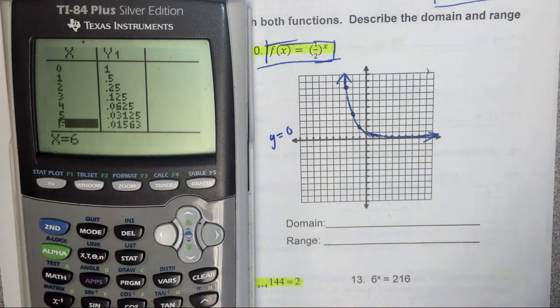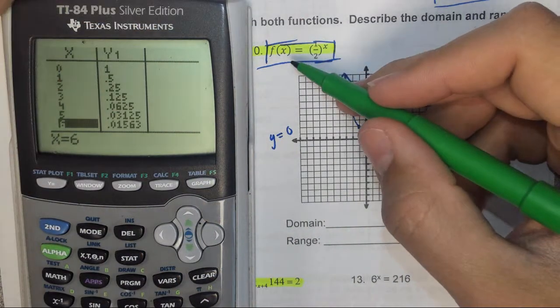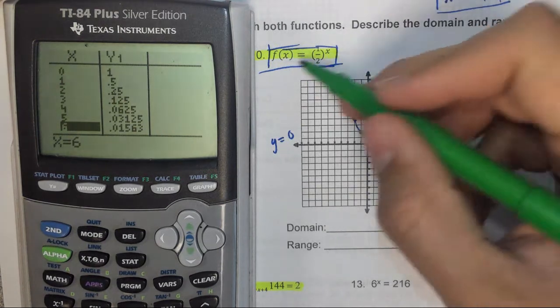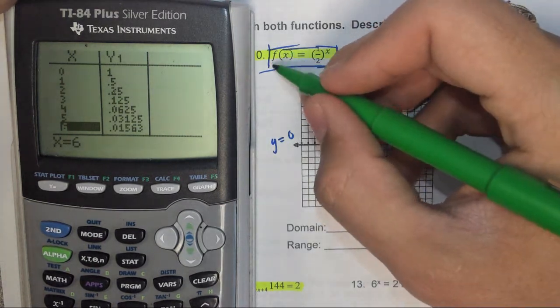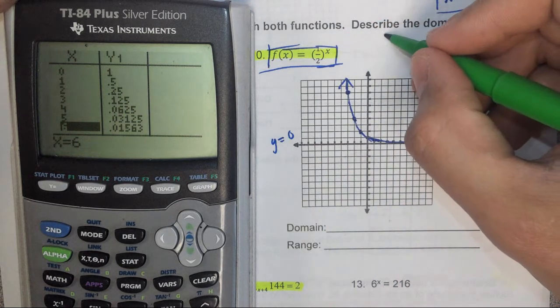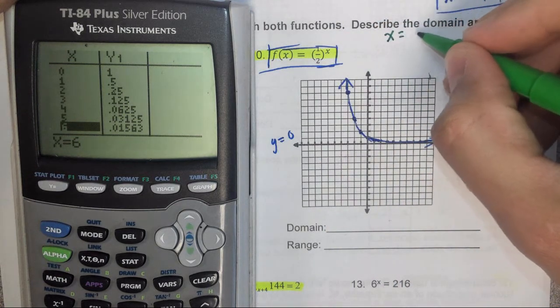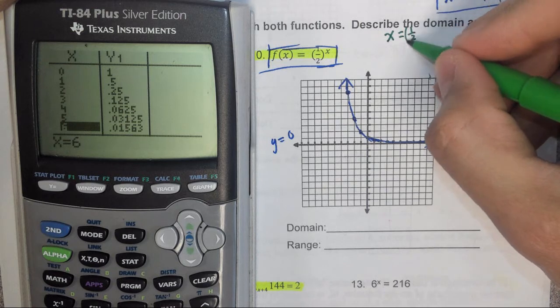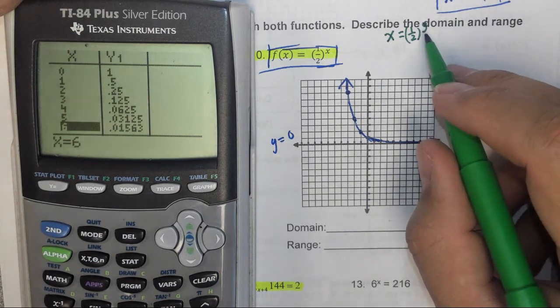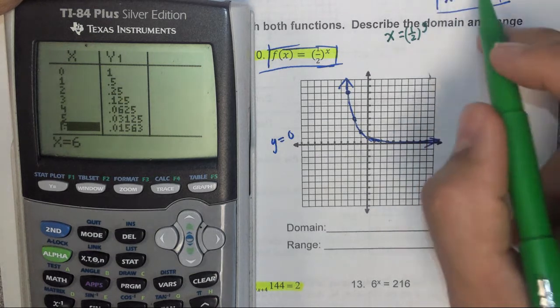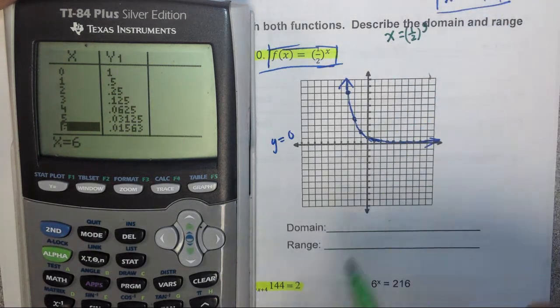Now what I'm going to do is find the inverse. The inverse is when I take this and switch the x and y and solve for y. So if I make f of x my y, then I switch them. So x is equal to 1/2 to the y power. Now since my y is in the exponent, I just simply use my rules like I did up here.